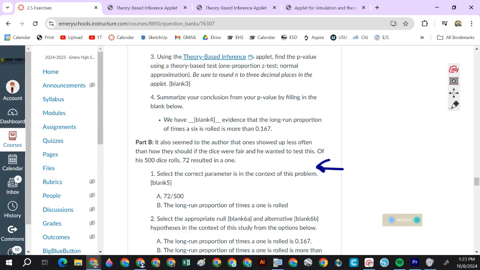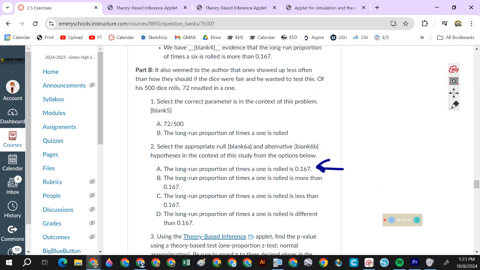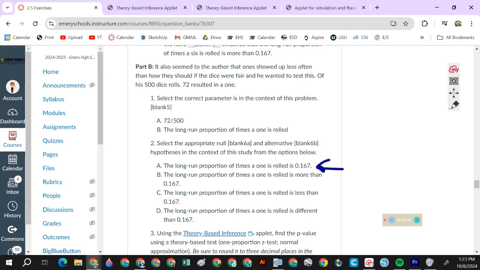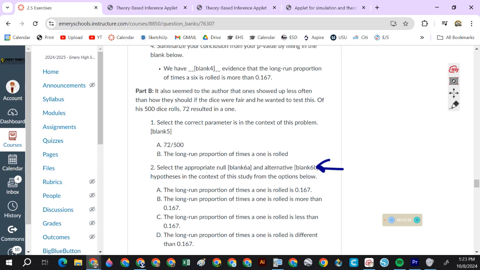It also seemed to the author that ones showed up less often than they should if the dice were fair. So the parameter is going to be B, the long run proportion of times 1 is rolled. Then A is going to be your null, and C is going to be your alternative. That count was 72.